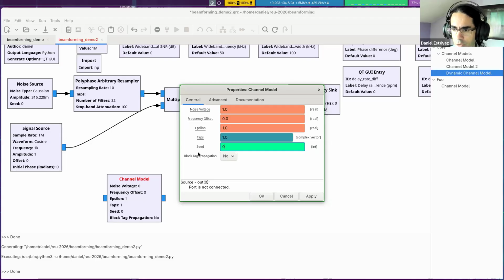So here's the same in GNU Radio. Anything which is random has a seed. And because in here I'm going to be generating different noises, I will be using different seeds in all of them, because otherwise I will get the same numbers and things will not work as expected. So this channel model is going to get a seed of 1.